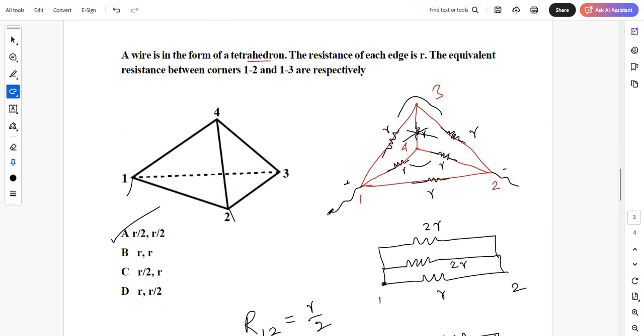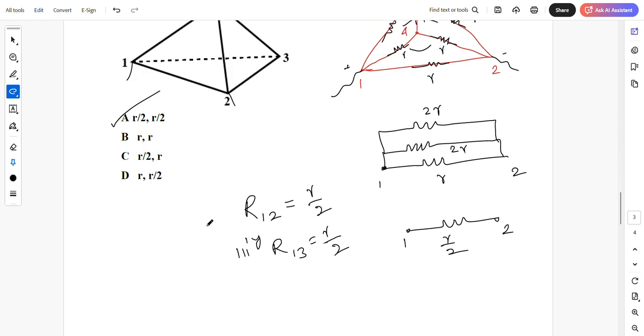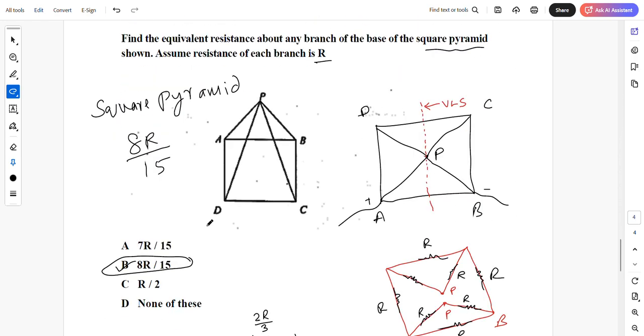Then we calculated for a tetrahedron resistance circuit, where we got R by 2 between corners 1 and 2 and 1 and 3. And in case of a square pyramid, it will always be 8R by 15, the resistance of any branch of the base of a square pyramid. Hope you have understood this.